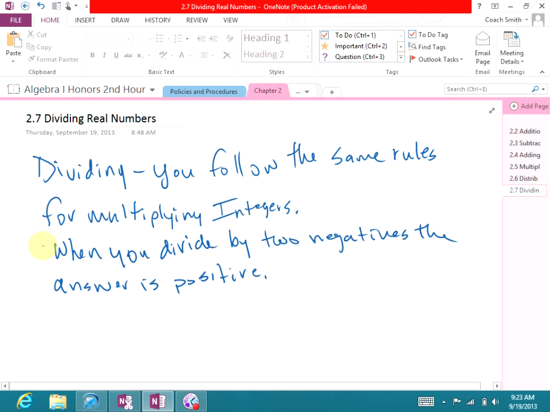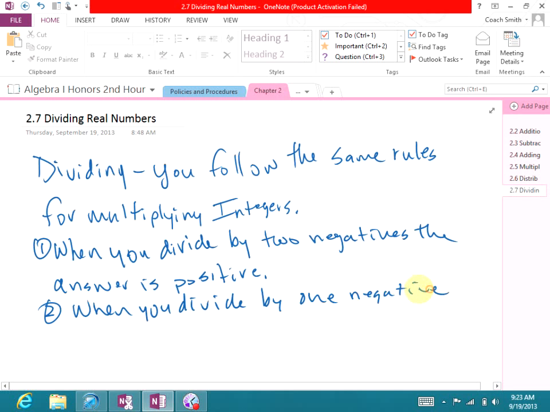Okay, so that's number one. Number two, when you divide by one negative, the answer is negative.